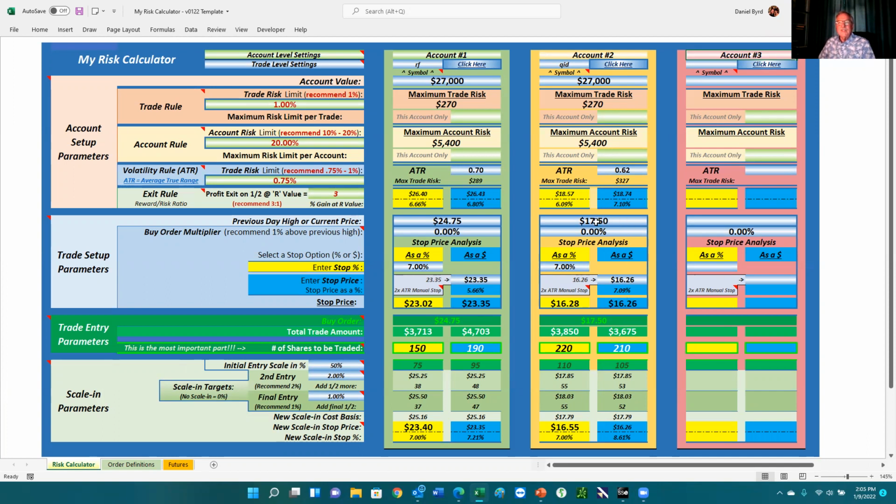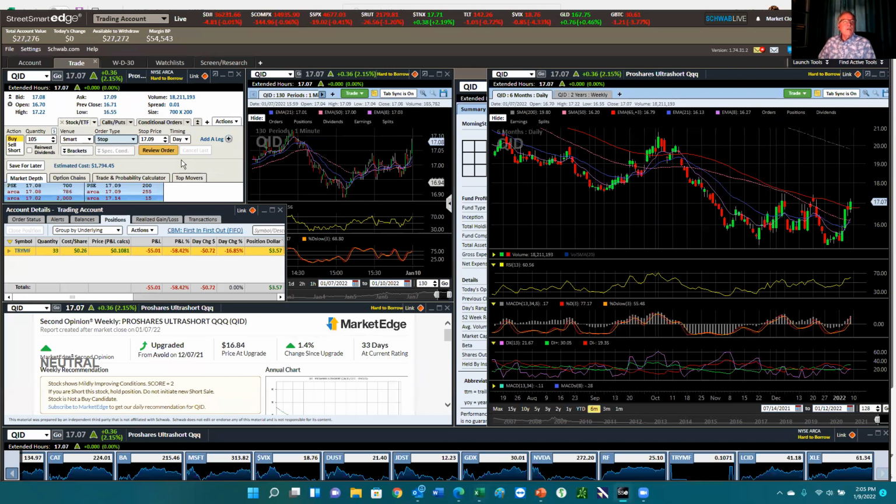Okay. So 1750 is where our stop is. We want to buy it when it gets up to 1750. And our stop, we're working on this one, right? So our stop will be 1626. So buy it with a stop at 1750, and then we're going to put a bracket on it.